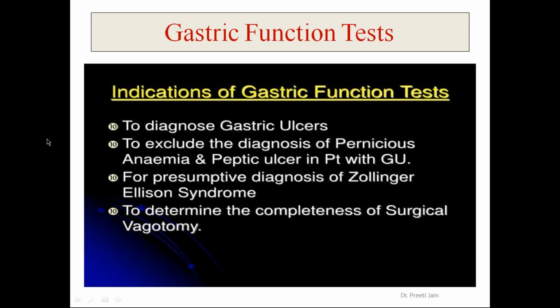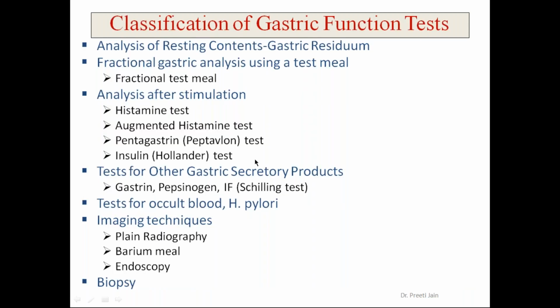If in some chronic cases the vagal nerve is cut, that is known as vagotomy, then we see how effective that surgical treatment has been in that particular subject.